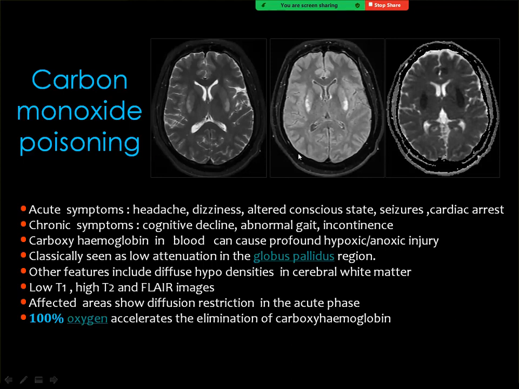Carbon monoxide poisoning is diagnosed by history, and there may be headache, dizziness, abnormal conscious state, seizures. Then in chronic conditions, you get abnormal gait and incontinence.